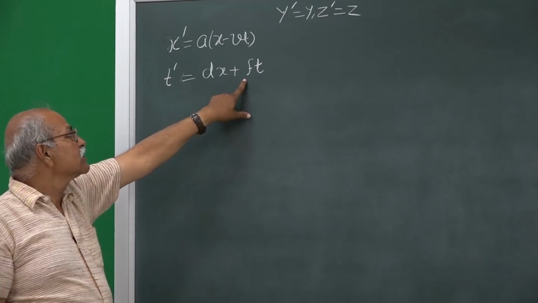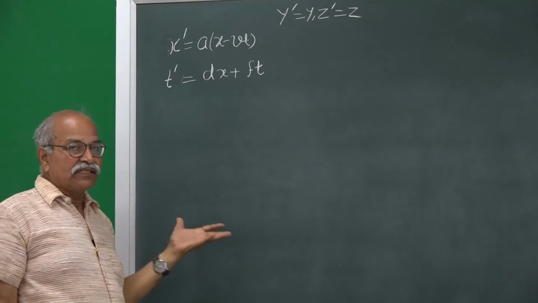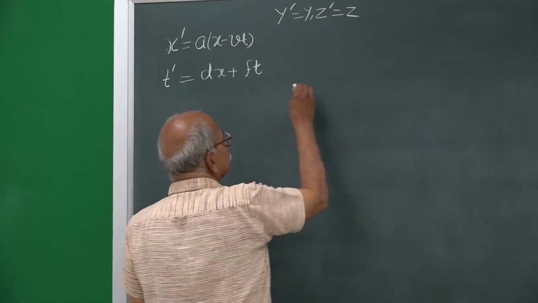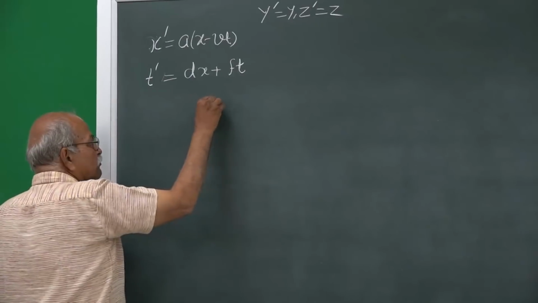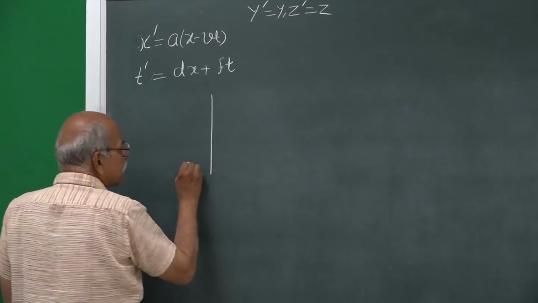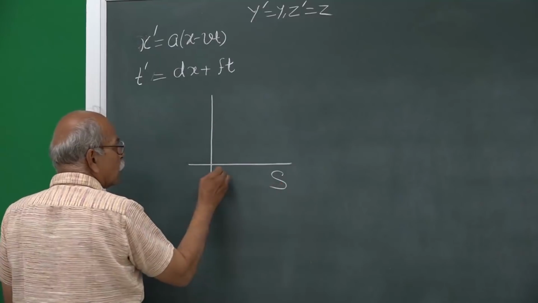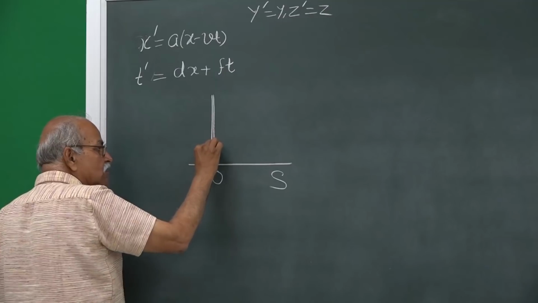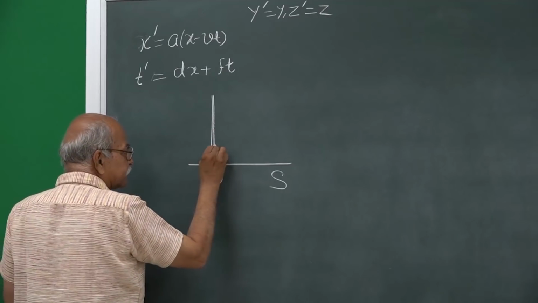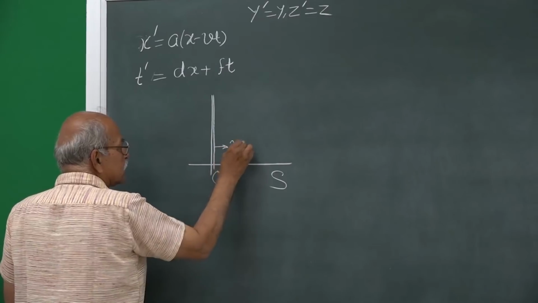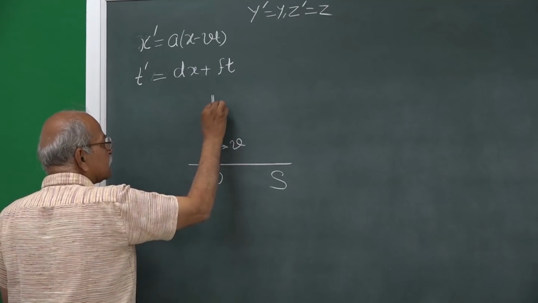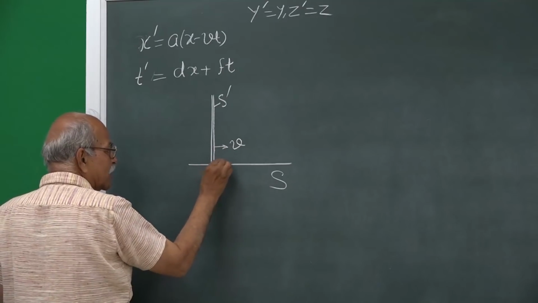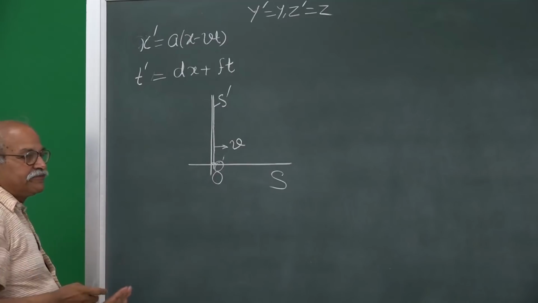These are three constants, and therefore, we need three equations, and to get those three equations, what we are considering is, suppose we have this frame S, origin O, and then frame S prime which is just crossing. So, this is S prime frame, and origin O and O prime are at the same place, just crossing.